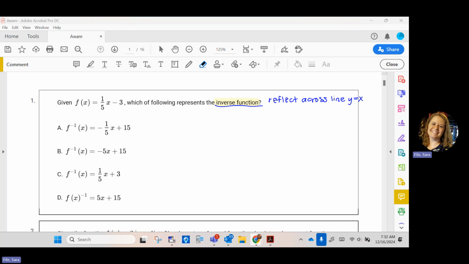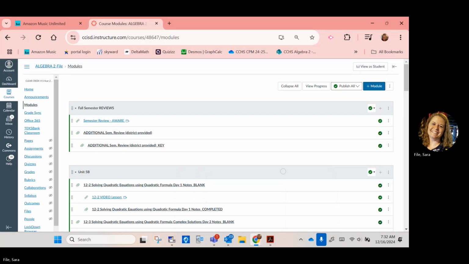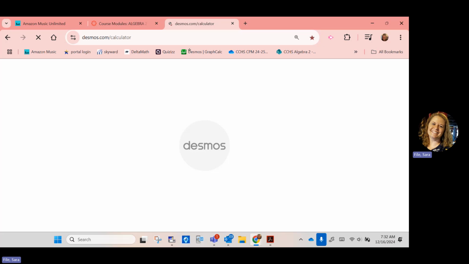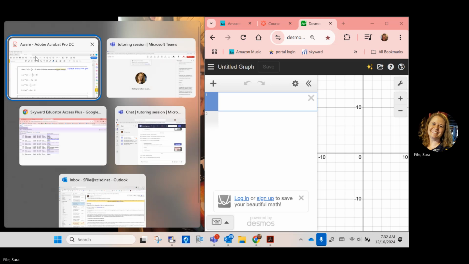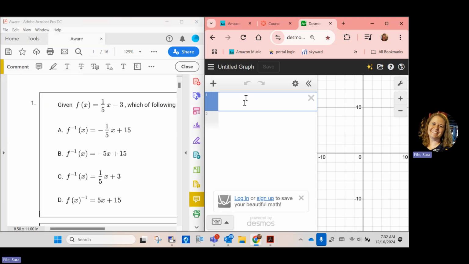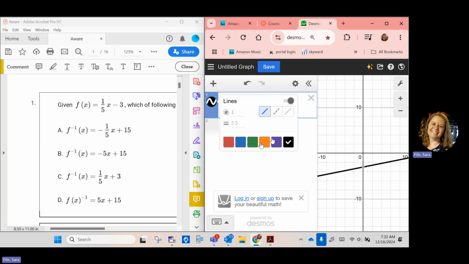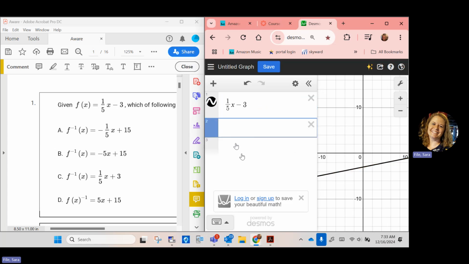So what that would look like in Desmos: I could type in my equation, 1/5 x minus 3. So there's the line that I'm starting with, and remember you can change the colors of those if you want to. And then here are inverse options.